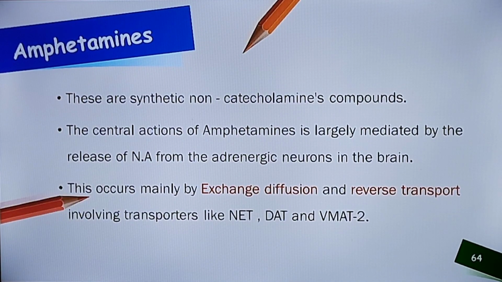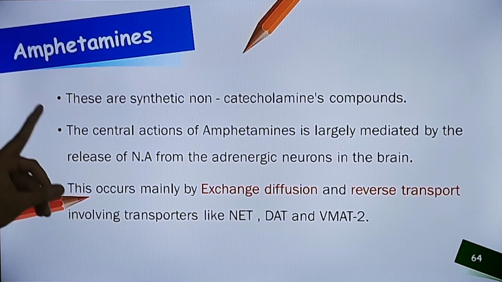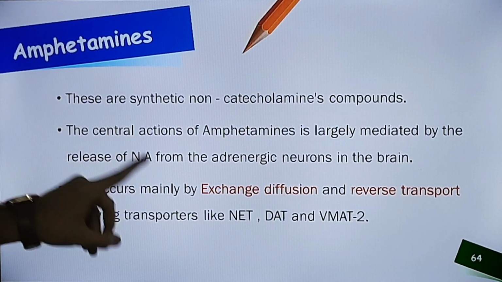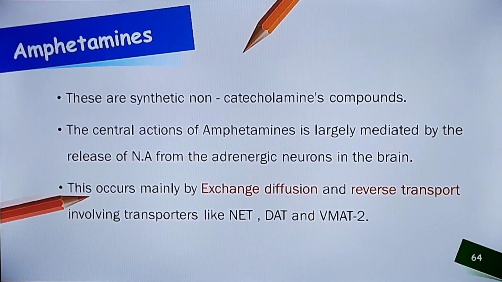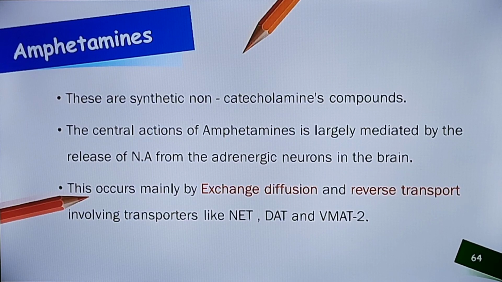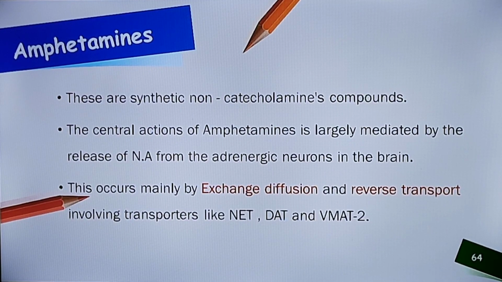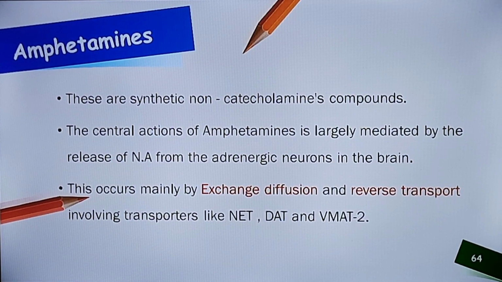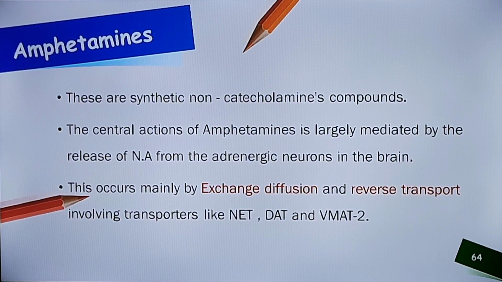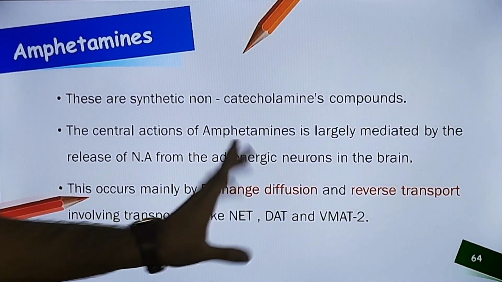Central actions means actions on our central nervous system. The actions of amphetamines are largely mediated by the release of noradrenaline from the adrenergic neurons in the brain. Now as soon as this noradrenaline is released by displacement, we will see that the noradrenaline going outside can mainly take place by two important processes.